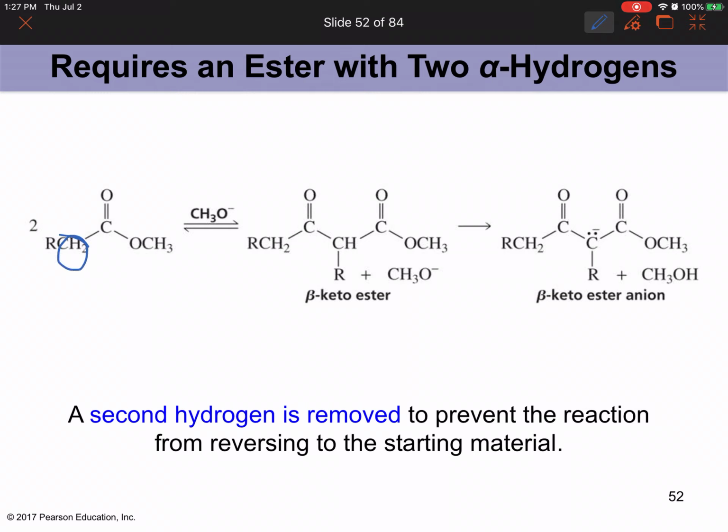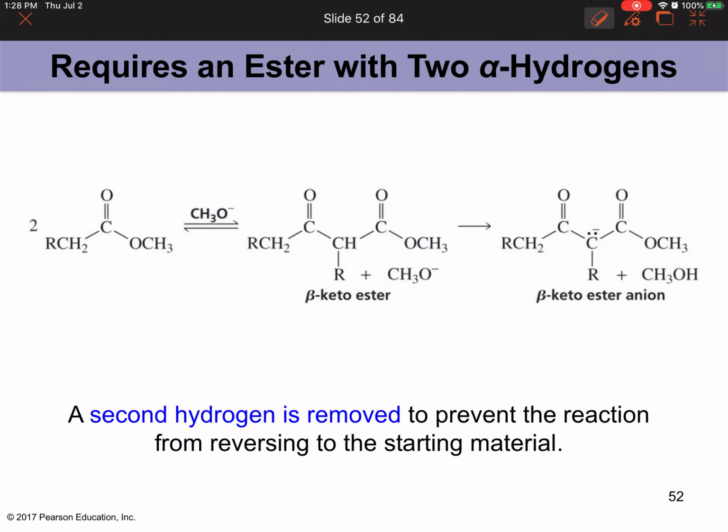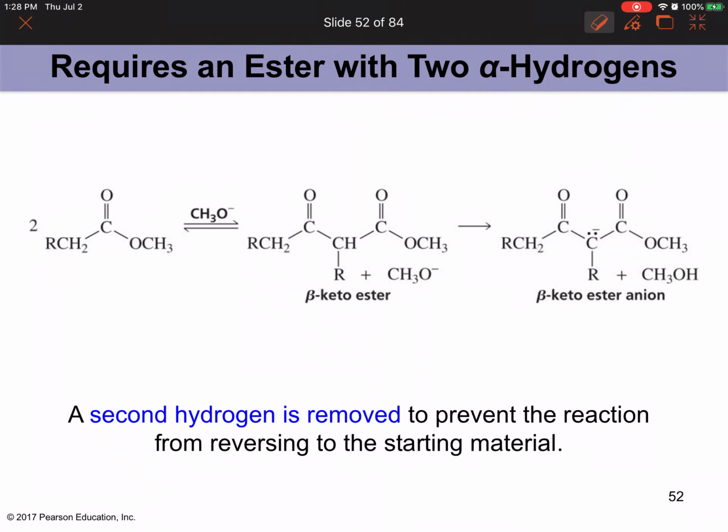Now let's see, why do we need two alpha hydrogens? Now what's going to happen first when you add your base or a nucleophile, methoxide? This will go and grab one of the alpha hydrogens, right?